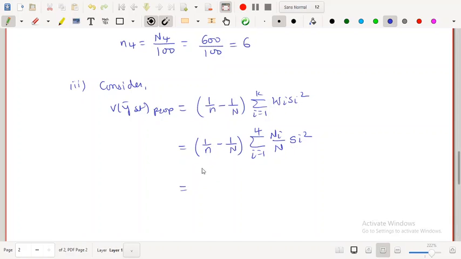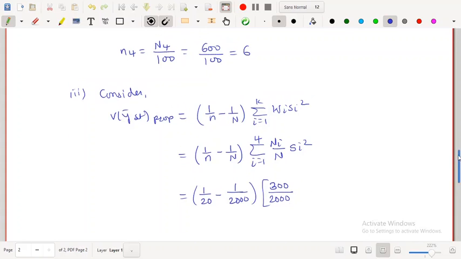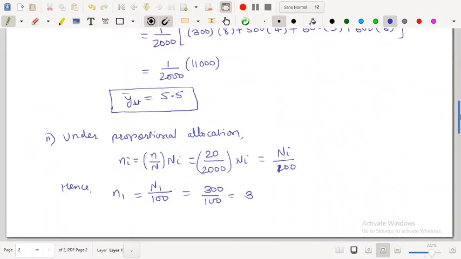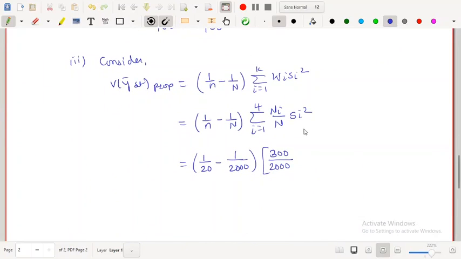So this will be, small n is 20, so 1 upon 20 minus capital N is 2000, so minus 1 upon 2000 into, here it will be N1 upon N times S1 square, and N1 is 300 upon 2000 into S1 square. S1 is 6, so 6 square.